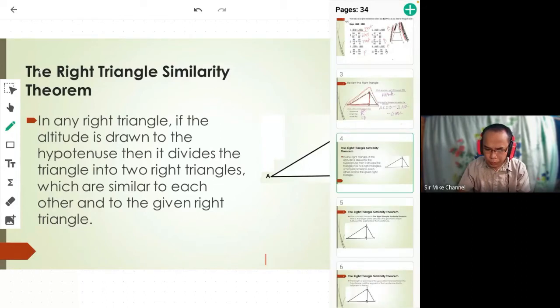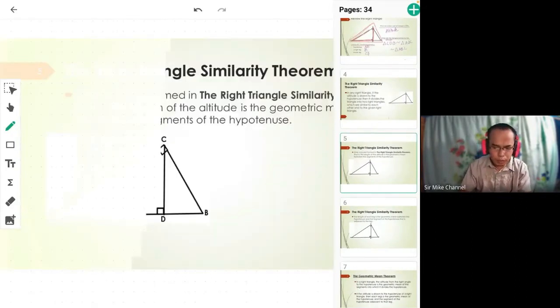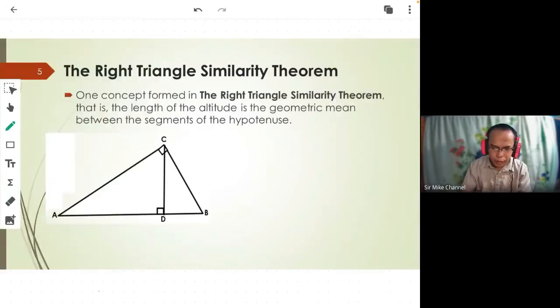Okay, so first, ito yung right triangle similarity theorem. So, one concept form in the right triangle similarity theorem, that is the length of the altitude, itong altitude natin, is geometric mean between the segment of the hypotenuse. So, geometric mean, let's say yung proportional natin.